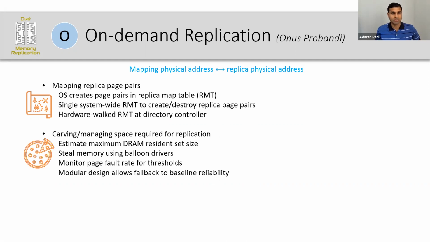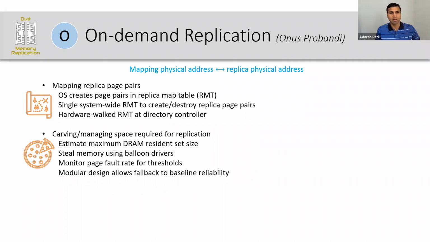The next aspect of this support is to answer how the OS carves and manages the space required to house the replica pages. DWE uses OS heuristics to estimate the maximum DRAM resident set size. Once this is identified, the remainder unused DRAM space can be used for replication.